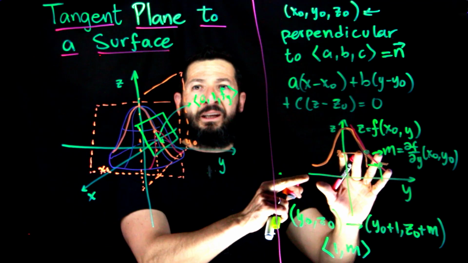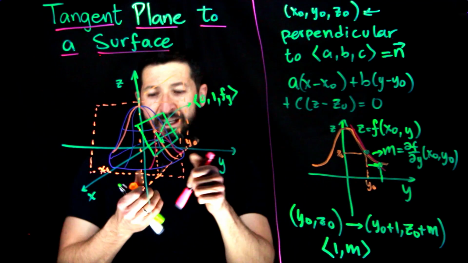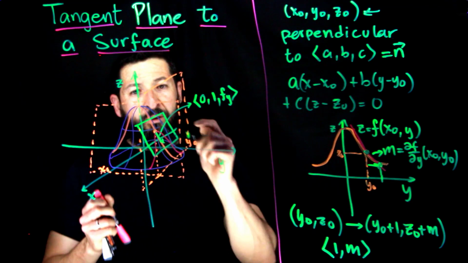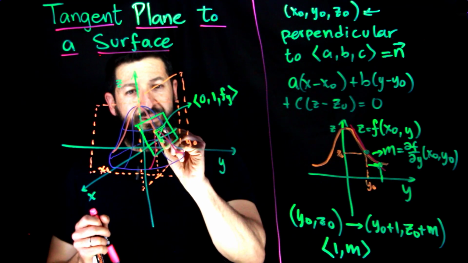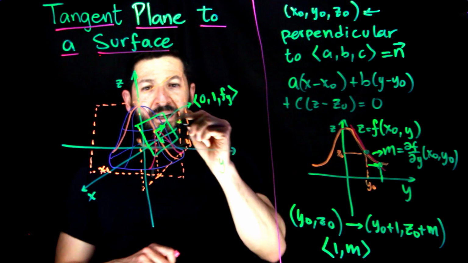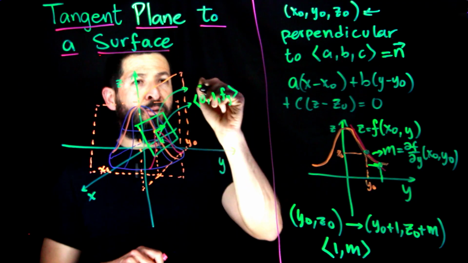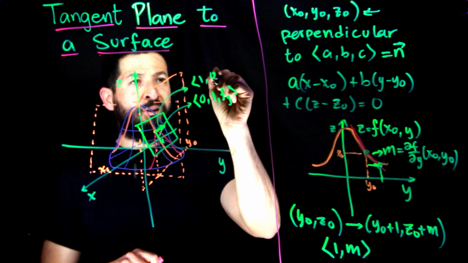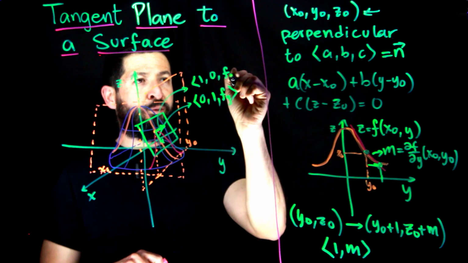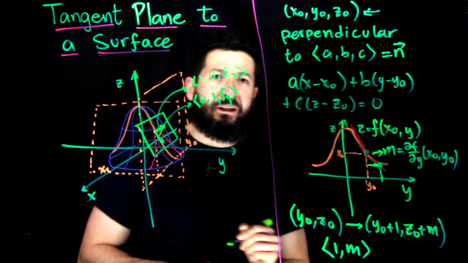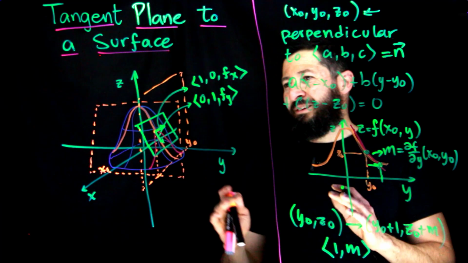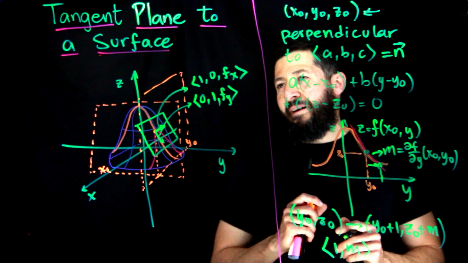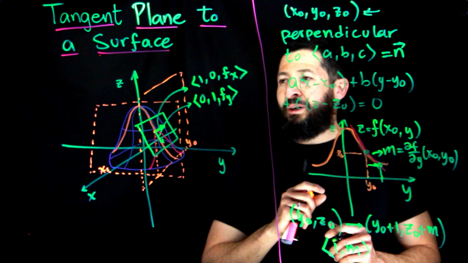If I do the same thing, that would give me another vector that would go in this direction. And that vector, you can compute it, would be given by 1 comma 0 and then the derivative with respect to x. I'm not going to derive that one because the graph is already looking really busy. But those are the 2 vectors that I'm going to use.